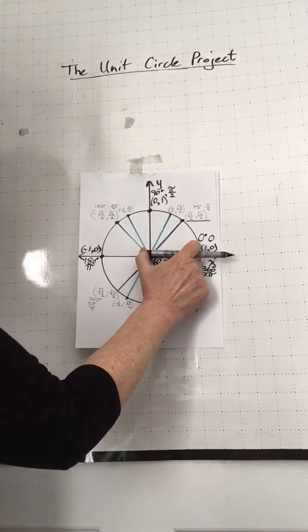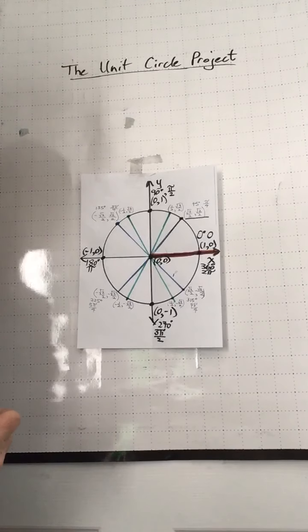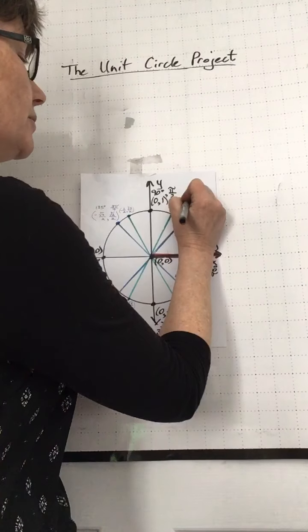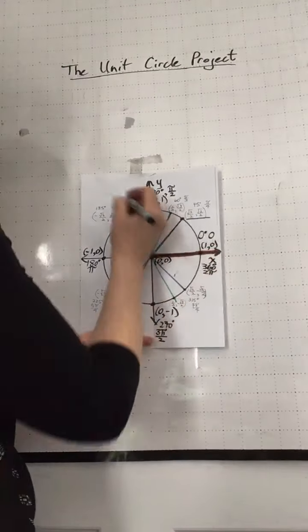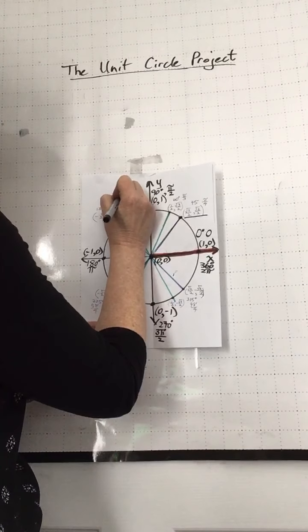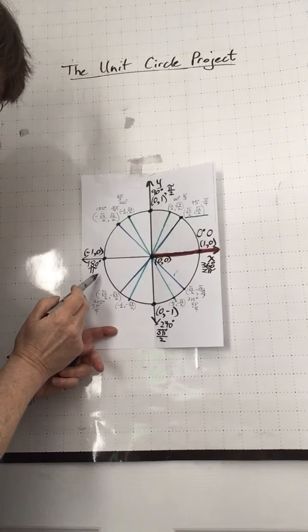So remember, each angle is measured from the initial ray up to where that terminal ray is. Okay, so first one, 60 degrees or pi/3. Next one, 120 degrees or 2pi/3. Next one would be the 180 or pi.